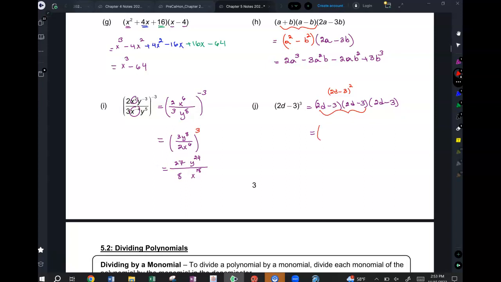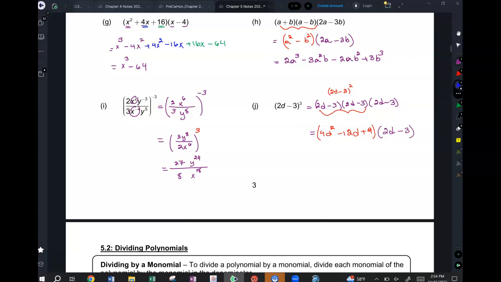You square the first term, 4d squared. You square the last term, plus 9. In the middle, you get 2 times negative 3, negative 6, times 2, negative 12d. Times 2d minus 3.